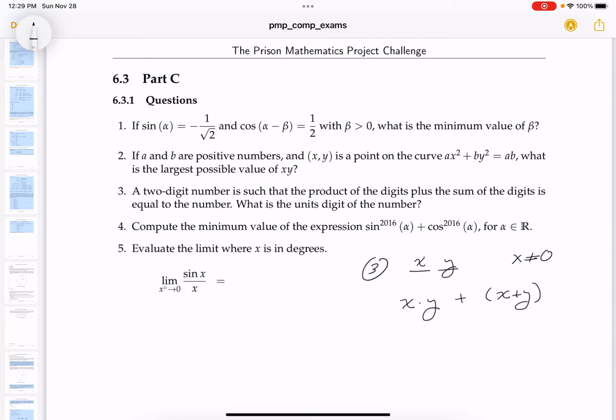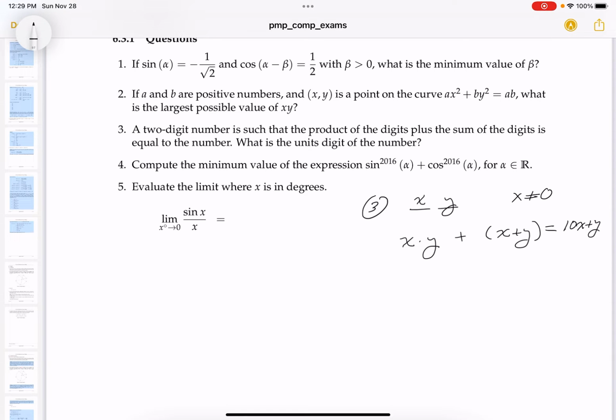Let me keep reading, is equal to the number. Well, what's the number? The number is actually 10x plus y. The understanding that x and y are digits, which means x and y are between 0 and 9, and certainly x can't be 0. All right? Let's see if we can figure this out.